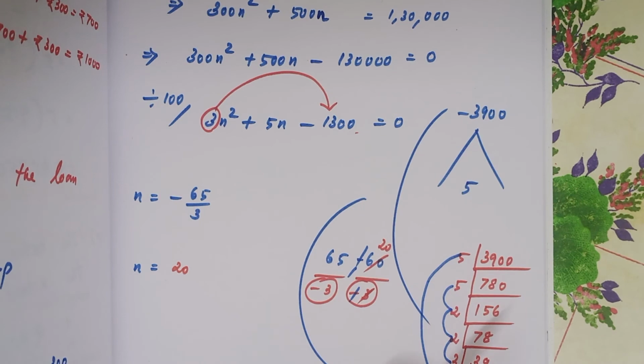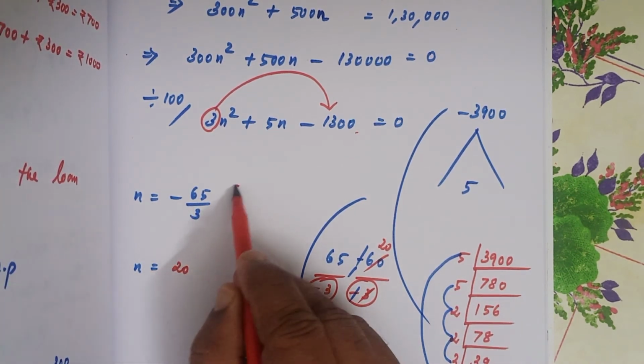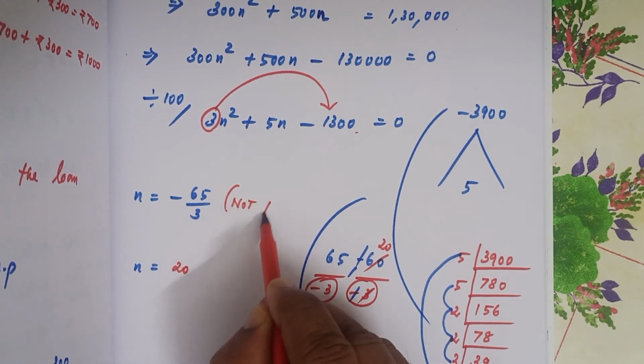Here n means number of terms. It cannot be negative. This is not possible.